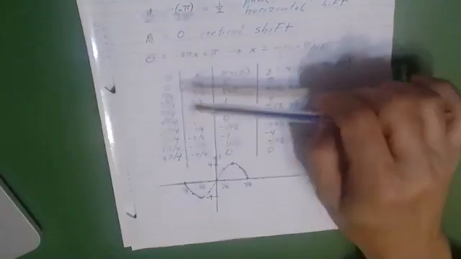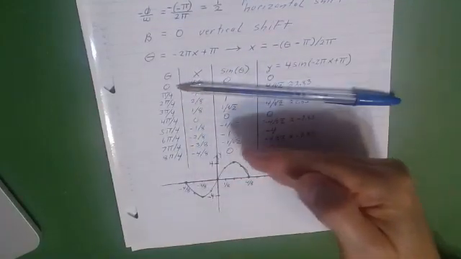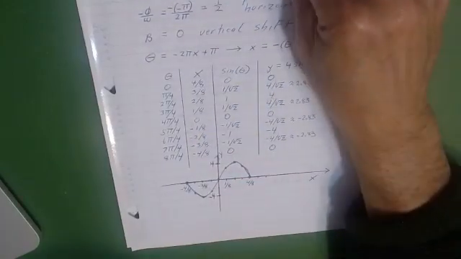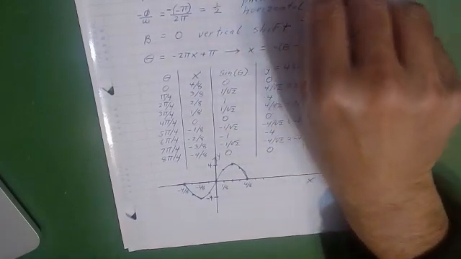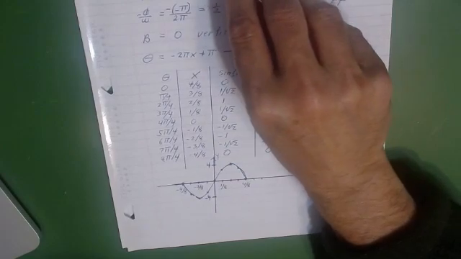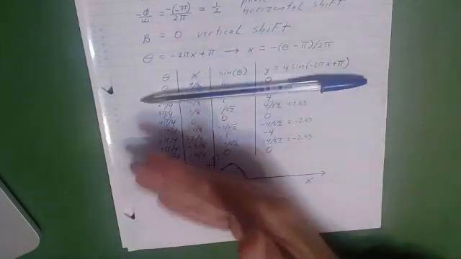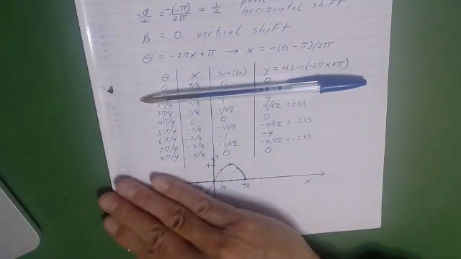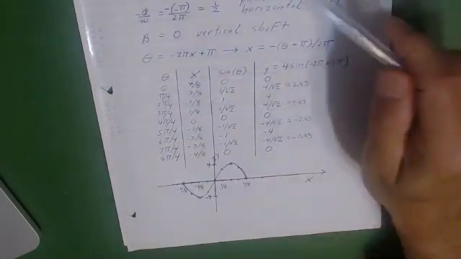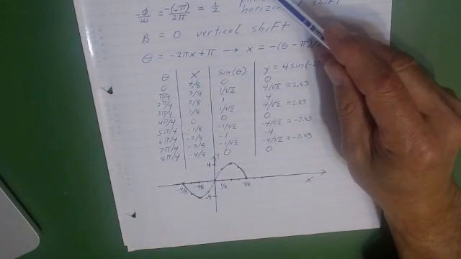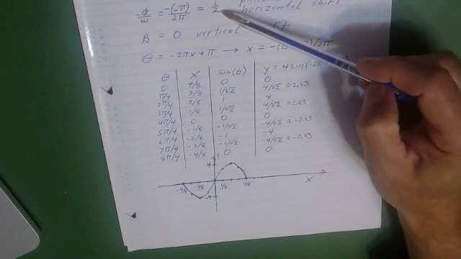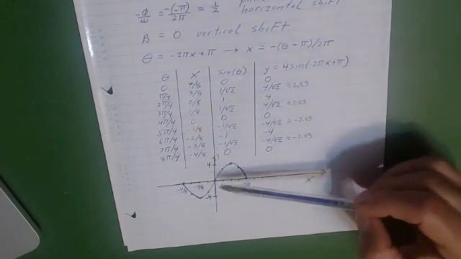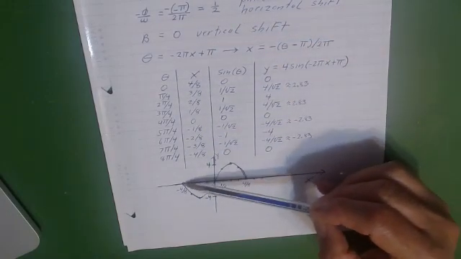Again, the basic function is a sine function. It's a mirror image because it had a negative sign, so it gets flipped about the axis. And it had a phase shift of 1/2, and that's a positive number, so that's a shift to the left of 1/2.